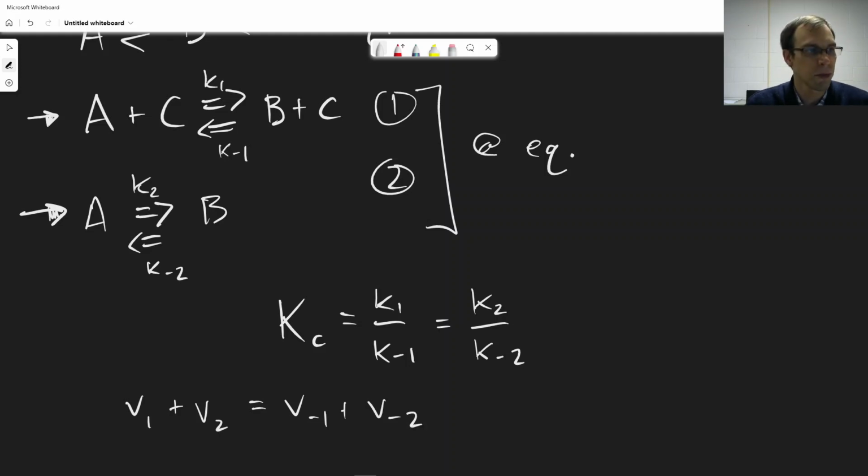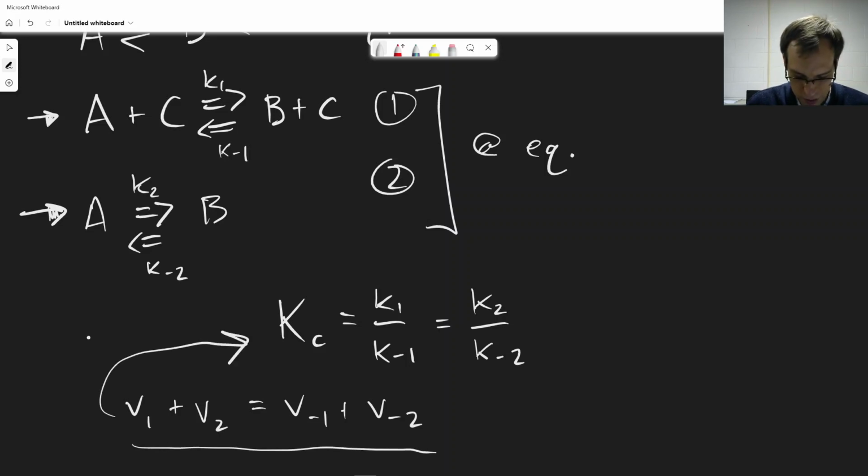So we'll probably do this in class, or I'll have you do this on your own. Show that from this expression here, we can also get back to the original expression, that the equilibrium constant is equal to the rate constants of the forward and reverse reactions divided by each other.